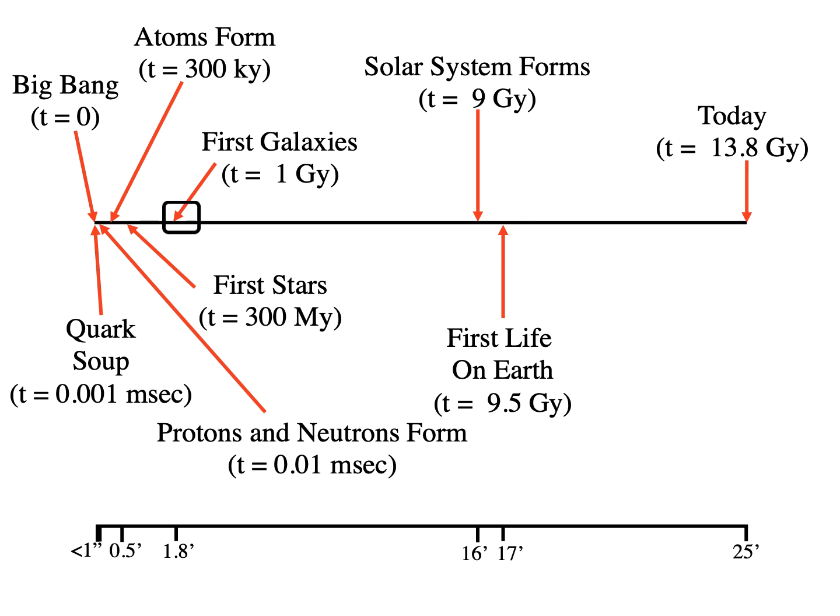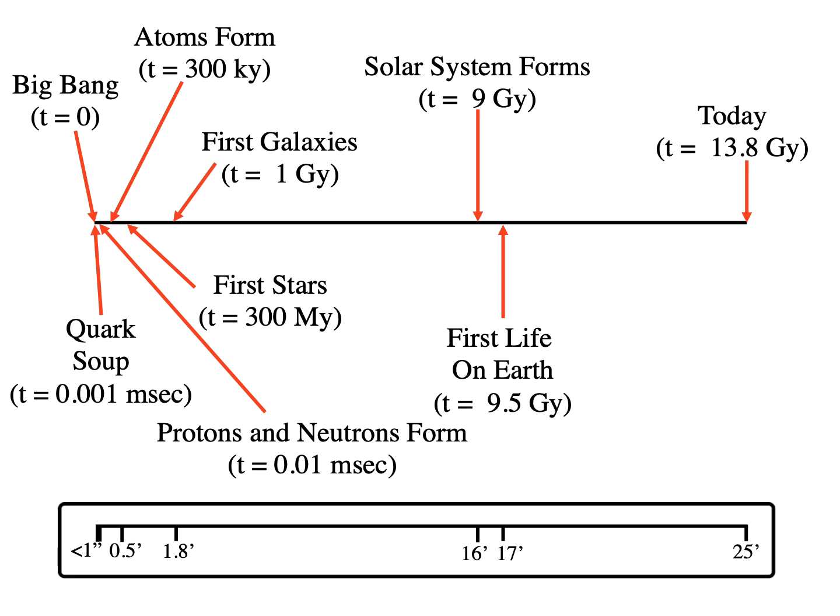About a billion years after the Big Bang, the first galaxies start forming. About 9 billion years in was the beginning of the solar system, and about 9.5 billion years after the Big Bang, we find the first life on Earth. And today is 13.8 billion years after the Big Bang.